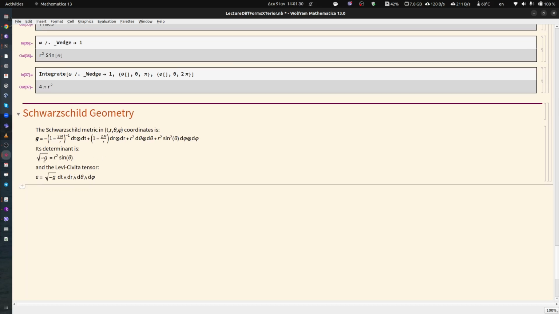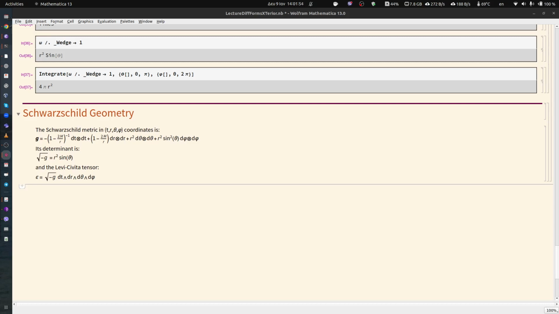And after we have the square root of minus the determinant of g, we can define the Levi-Civita tensor to be the expression of this determinant in the coordinates t, r, theta, phi multiplied by the 4-form dt, dr, d theta and d phi.